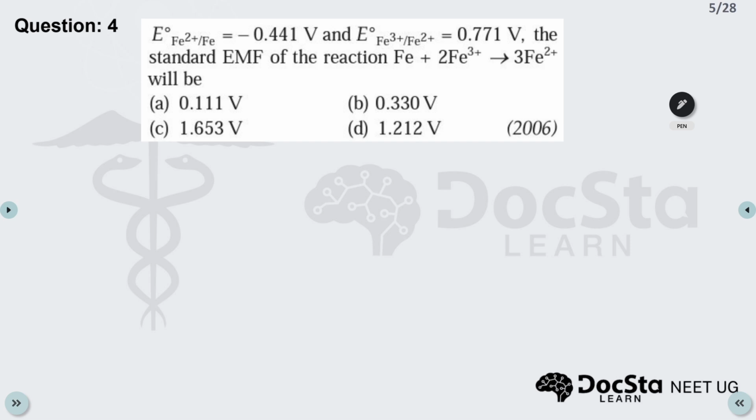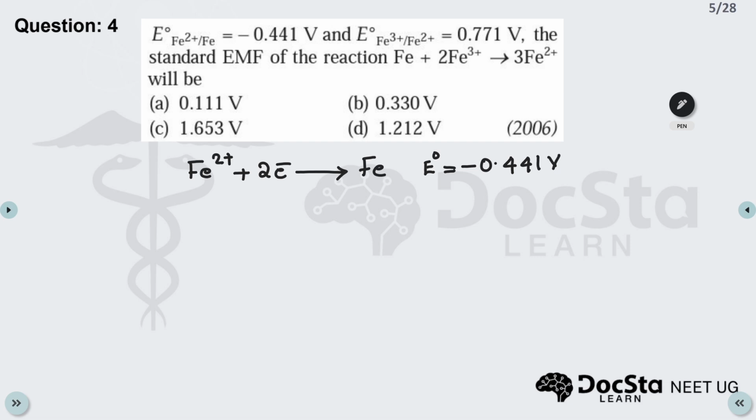So let us first write down this reaction, that is Fe2 plus is getting converted to Fe. So Fe2 plus plus 2 electrons will give you Fe, and the value of E0 is provided in the question, that is E0 is given by minus 0.441 volt. This is already provided in the question.